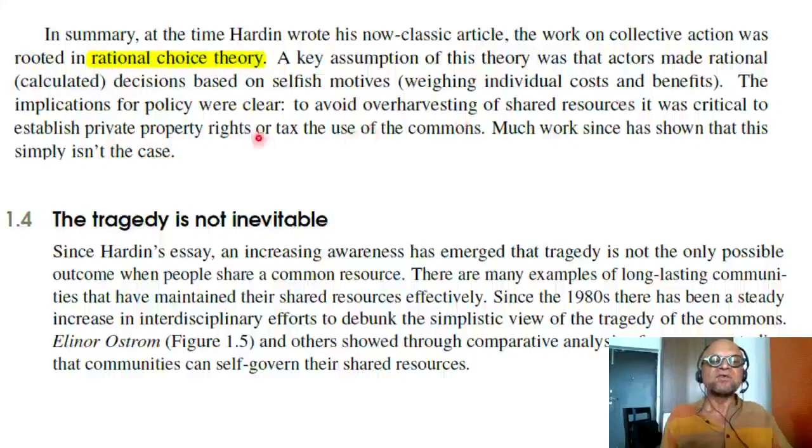The implications for policy were clear. To avoid over-harvesting of shared resources, it was critical to establish private property rights or tax the use of the commons. Much work since has shown that this simply isn't the case.